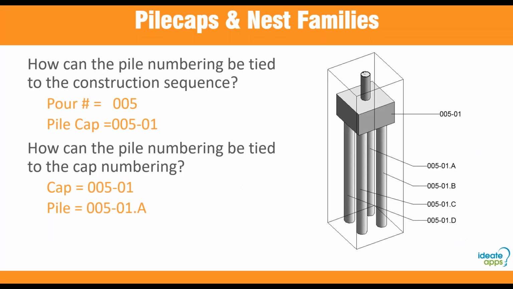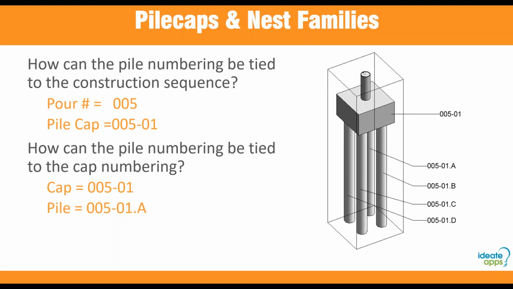Okay, so I'm going to come back here. I've got a few more things I want to cover. I want to show you nested families, and I'm going to use pile caps and their corresponding piles. You've probably seen this before, but these are actually nested families. The other one that comes to mind is the dining table with chairs. It's kind of the same thing.